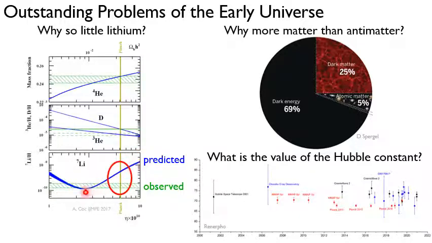So the blue lines are predictions. Where they intersect with this brownish yellow color, that is what we expect, right? That is the expected abundance of this isotope, form of an element in the early universe. The horizontal line is the observed primordial abundance of that isotope.